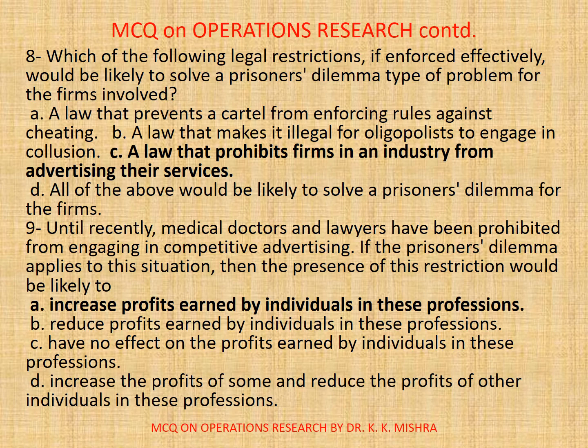Until recently, medical doctors and lawyers have been prohibited from engaging in competing advertising. If the prisoner's dilemma applies to this situation, then the presence of this restriction would be likely to, the correct option is A, increase profits earned by individuals in these professions.